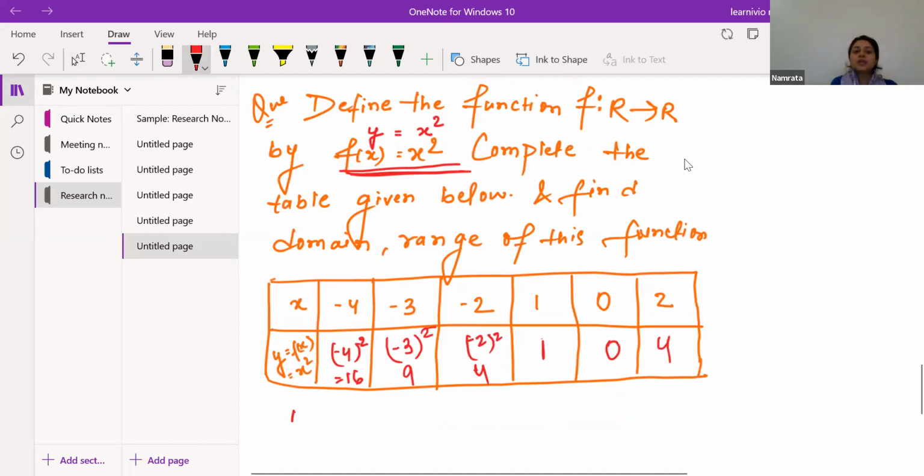Now what will be the domain? What will be the range?